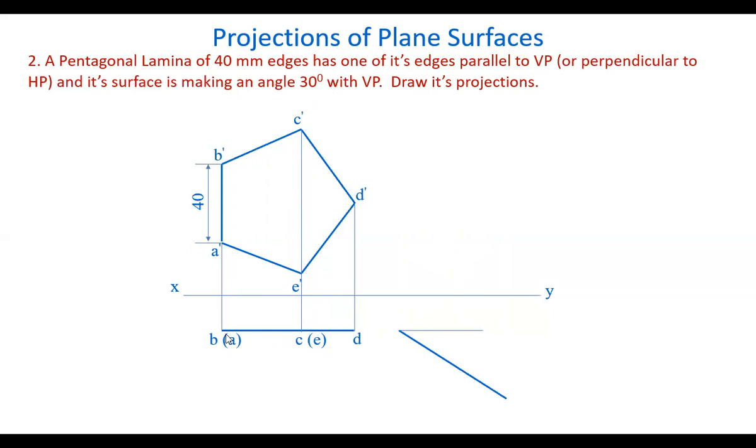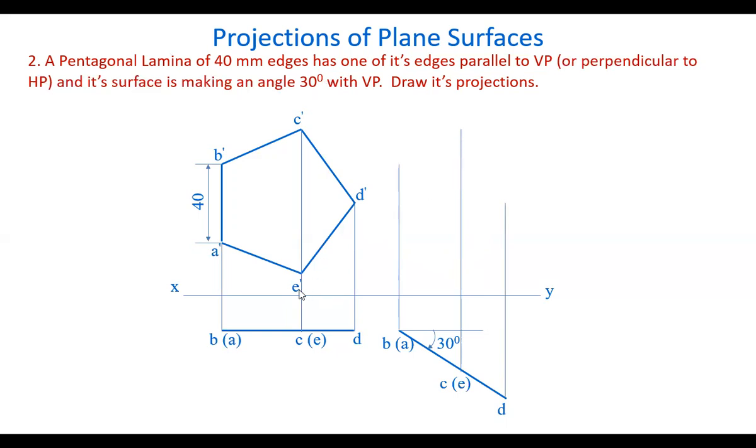On this, you mark the same length here, BD. This length is marked here and mark all the other points also. Exactly, it's the same. This line is at 30 degrees angle, the given angle. Now, draw projectors from all the points here from the top view to get the front view.